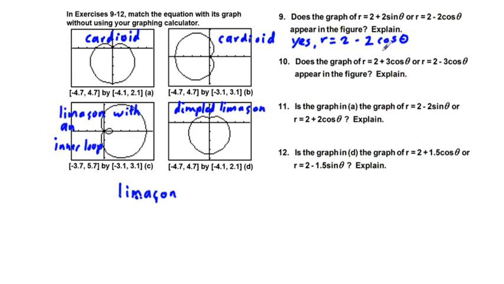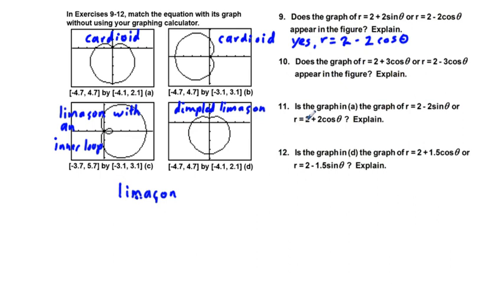One thing you have here for these, if you have a 2 plus or 2 minus, and the coefficients are the same, you have 2 minus 2 or 2 plus 2 or 3 minus 3, that's what you'd get for a cardioid type of limaçon. And I'm not going to explain other than this was graphed and this is what we found.